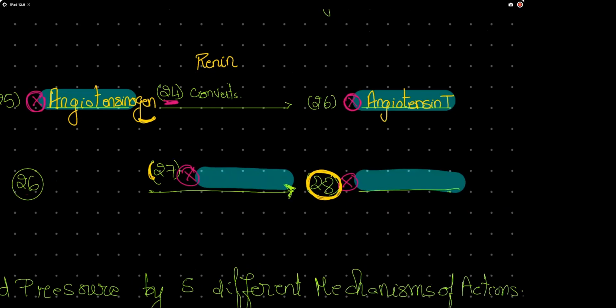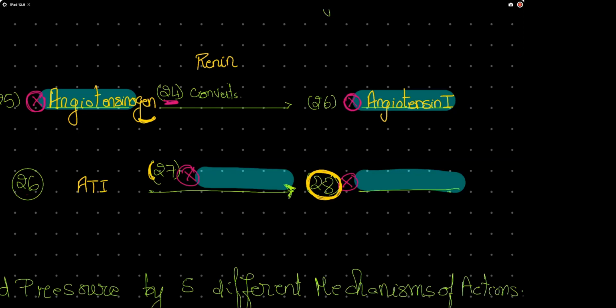Is this an active hormone? Angiotensin 1, is this an active hormone? No, it's not an active hormone. Angiotensin 1 needs to be converted into a more active form.